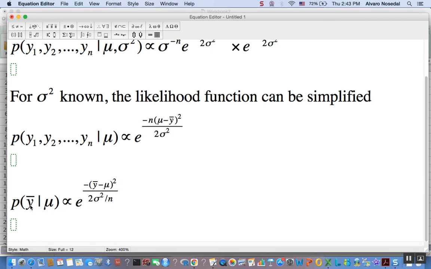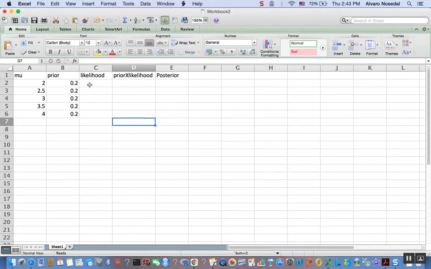So we're going to need to compute y bar, and then evaluate at the value that we're proposing for mu, in this case for each of these values, 2, 2.5, 3, 3.5. And once we have that, we just multiply prior times likelihood gives you this, and so on. You add them up, you divide those cross products by the sum, you have your posterior.